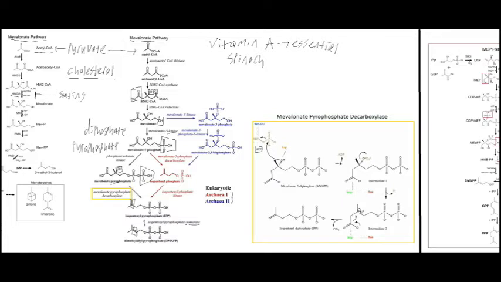A carbon ion like this is very unstable, and so the electrons from this oxygen are going to come down here to make another double bond to this carbon, which is then going to break this bond as it forms a double bond to this charged carbon. And that's how we get our isopentenyl diphosphate. See, this has it written as diphosphate, which over here is pyrophosphate. Those are just the same thing.